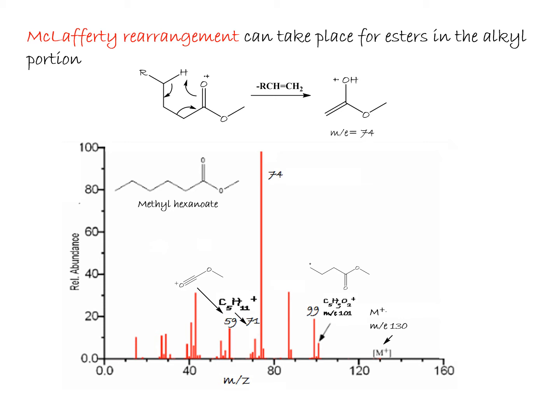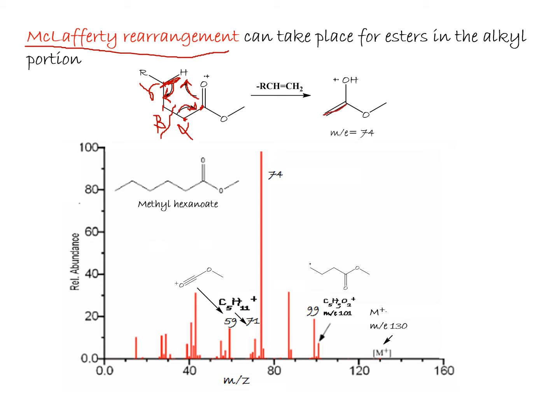Also in esters, we can see the McLafferty rearrangement. If you have an ester with more than 1, 2, 3, 4 carbons, so it has alpha, beta, gamma, this hydrogen can transfer by attacking the double bond. These two electrons will make a bond, and this bond will be cleaved and form a double bond in here.